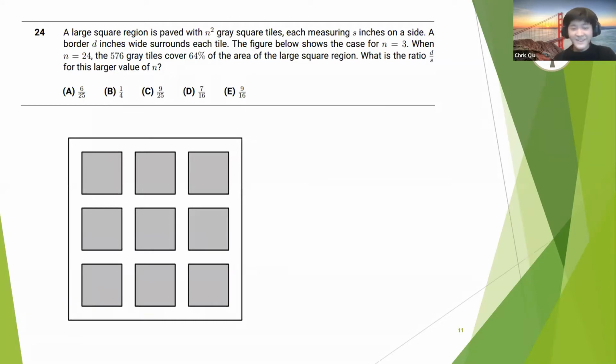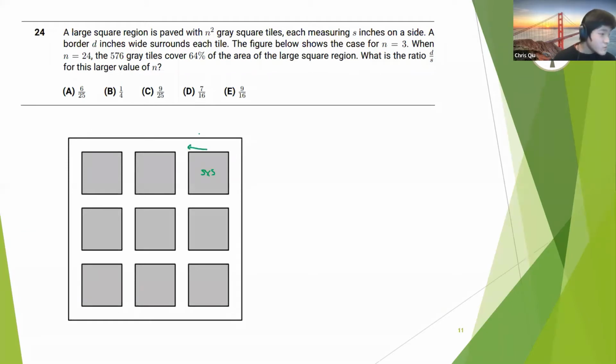In this question, we have a large square region that is paved with n squared square tiles, and each of these tiles measures s inches on a side. So here we have a bunch of s by s squares, and in fact, there are n squared of them arranged in an n by n grid.